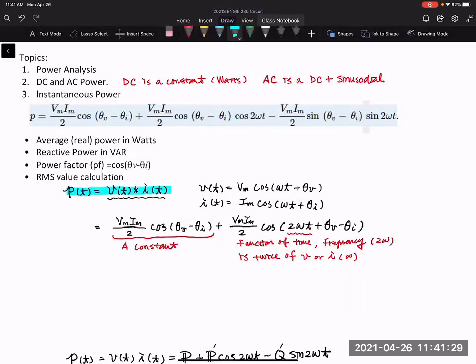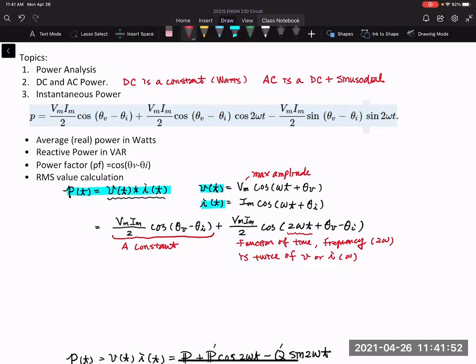And what is the V? What is the I? Well, you can assume my voltage and the current are in this kind of form, this is like a general form, right? V sub m, I sub m represent the maximum amplitude. It's different from the RMS value, okay?